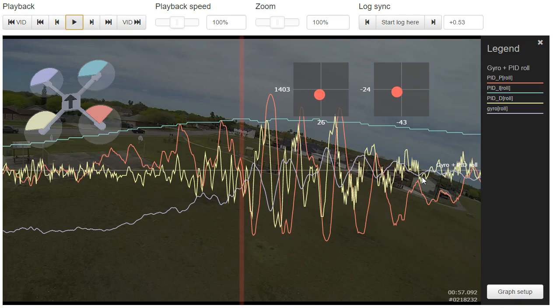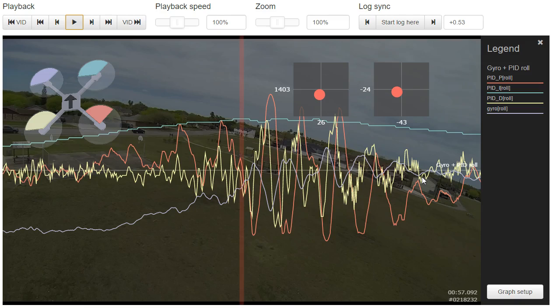When we talk about raising P to the point of oscillations, what we mean there is the point where at full throttle the copter starts to oscillate, and that's a much more extreme point than prop wash. The copter will be much more likely to oscillate in prop wash situations than in a normal sort of full throttle climb out. So one way to tune it is to go full throttle, raise P to the point where you get oscillations at full throttle, and then lower it to maybe 60, 65, maybe 70% of that number.